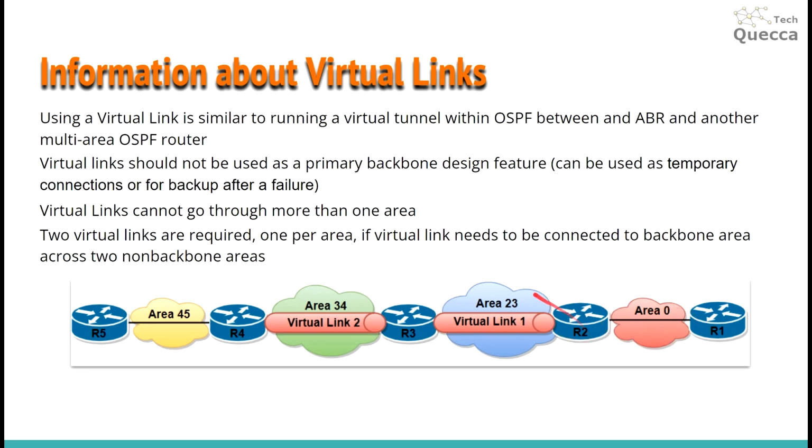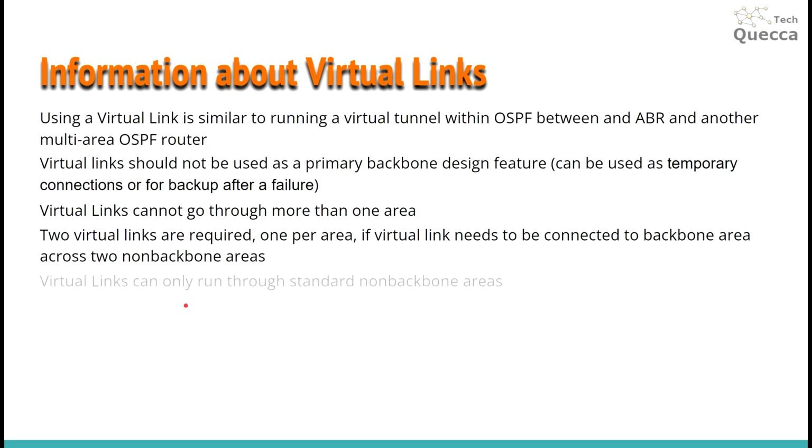We have area 0, we have area 23, area 34, and area 45. So we create one virtual link between R3 and R2. R3 gets connected to area 0, and then we create a virtual link between R3 and R4, and then everything is okay for area 45 as well.